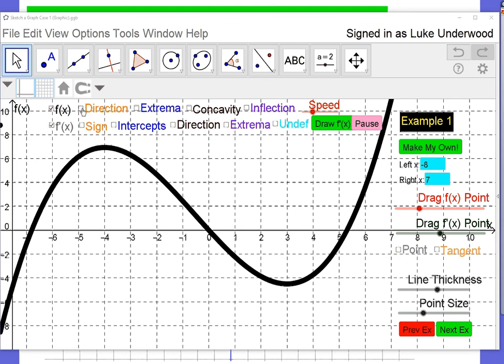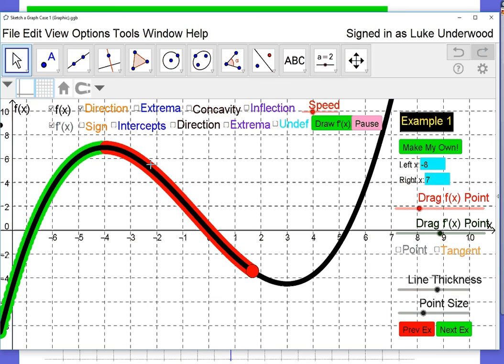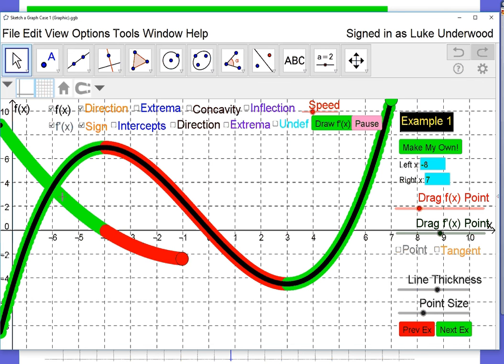Okay, I've kind of zoomed in here on the graph. We're going to first take a look at the direction of the original: increasing, decreasing, and then increasing, and we can see that the sign of the derivative is going to be above the x-axis, below the x-axis, and then above the x-axis based on where the original is increasing and decreasing.